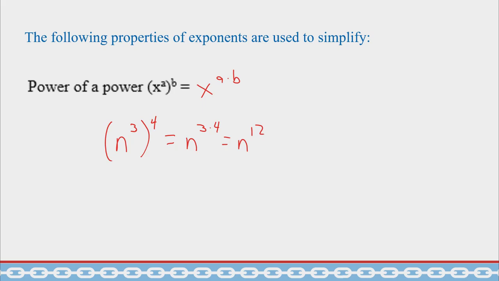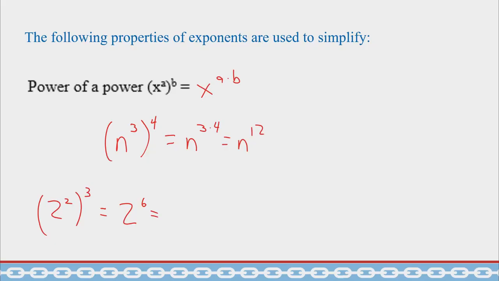And I can kind of look at that in terms of an example. If I have 2 squared to the 3rd power, that's really the same as 2 to the 6th power, which would be equal to 64.